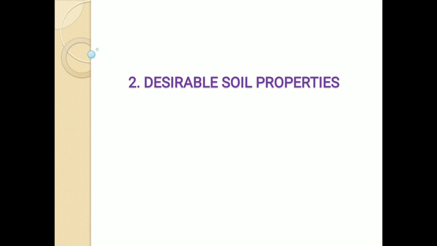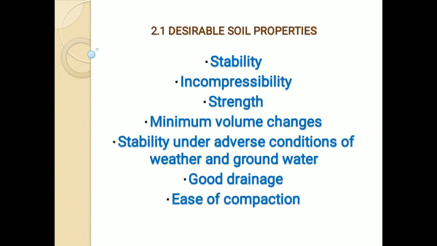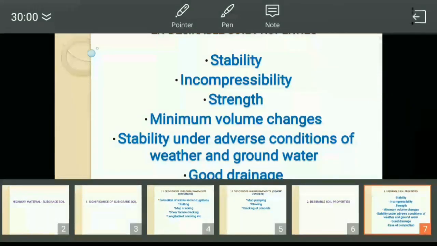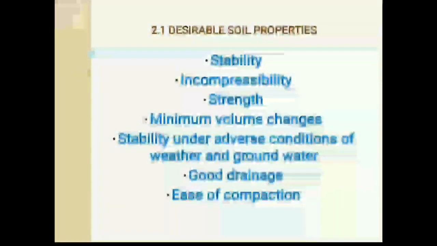So the desirable soil properties as a highway material are stability, incompressibility, strength, minimum volume changes, stability under adverse conditions of weather and groundwater, good drainage, ease of compaction. So we will discuss each point in detail.